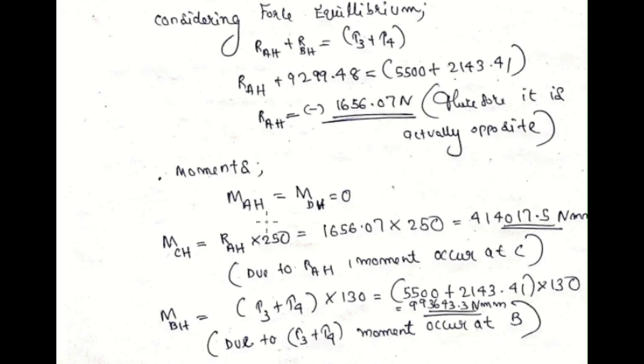But there is moment at points C and B, if you're considering the horizontal diagram. Why?